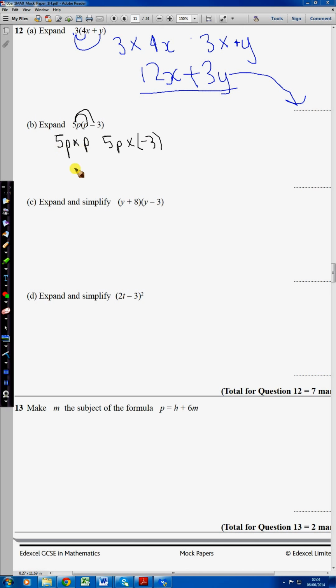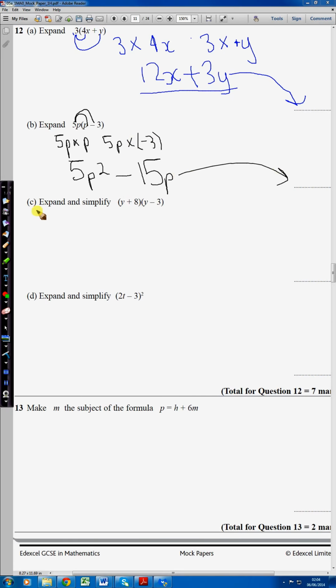So 5p times p will give us 5p squared. And 5p times minus 3 will give us minus 15p.